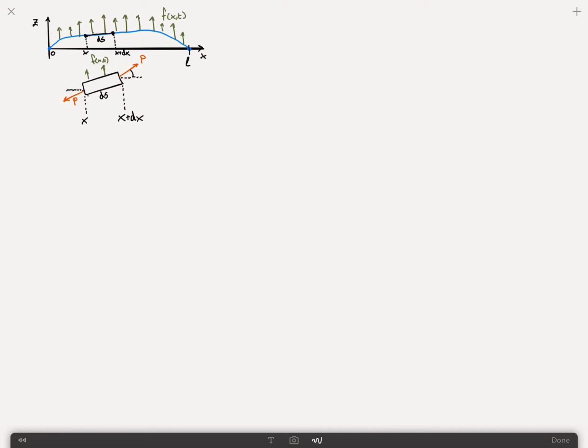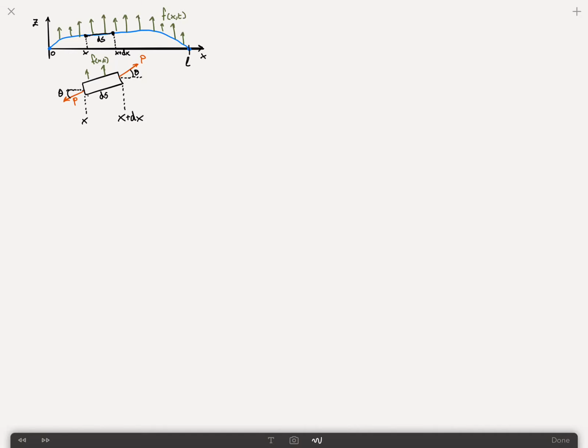The angle is theta over here, and we'll call this angle theta. And I should mention, even though I've called it theta at each end, theta and P at x in general is not the same as theta and P at x plus dx. Okay, we're not going to make that assumption at this stage.